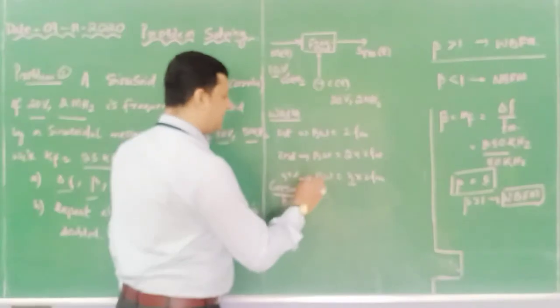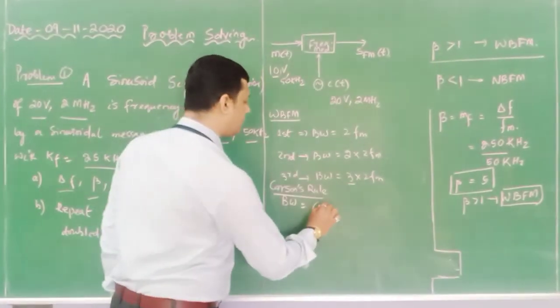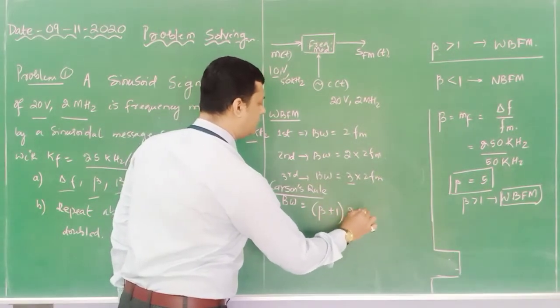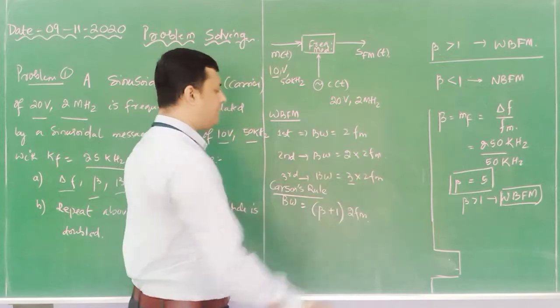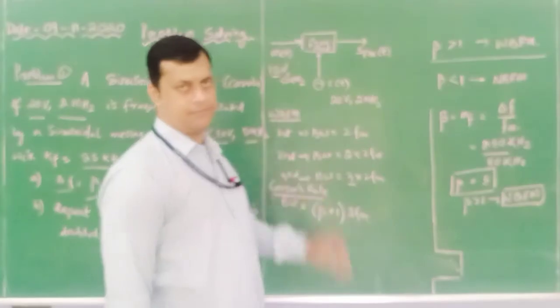He states that the bandwidth is equal to beta plus 1 into 2fm, because this beta plus 1 will identify the orders.